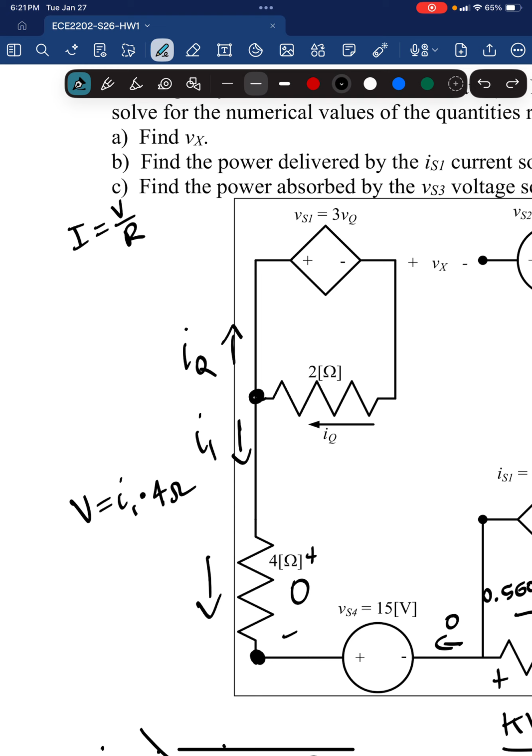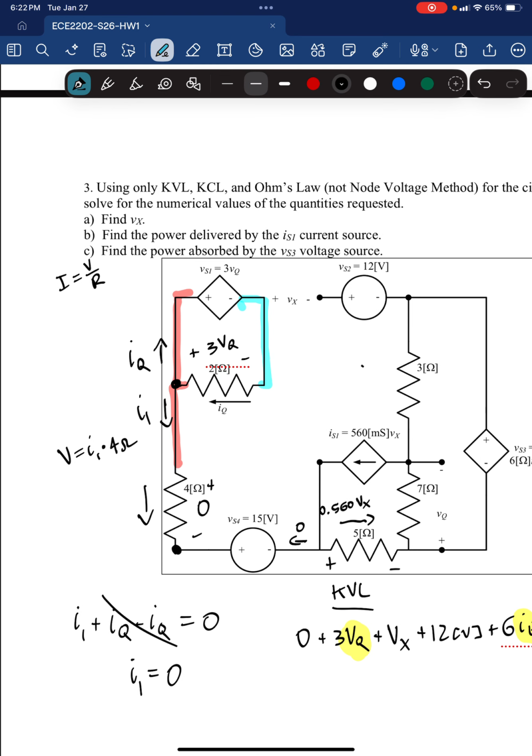And we have to bring another definition into the picture to make our lives easier, and that's the fact that voltages of components in parallel are the same. So if we were to highlight our nodes here, we can very easily see that this dependent source and this 2 ohm resistor are in parallel, which means that the voltage across this 2 ohm resistor is 3 VQ.